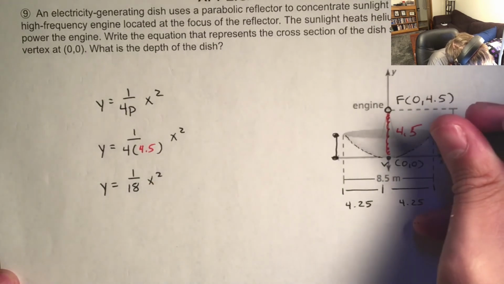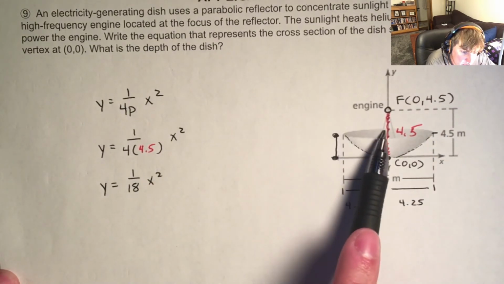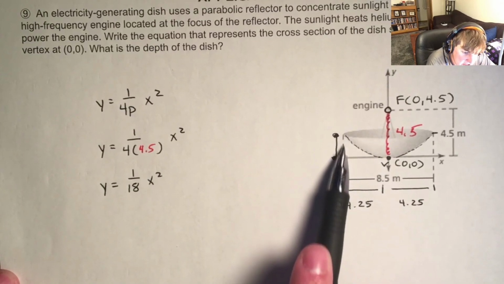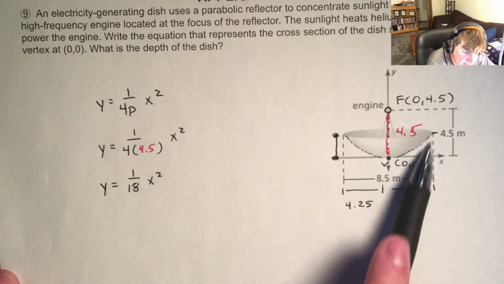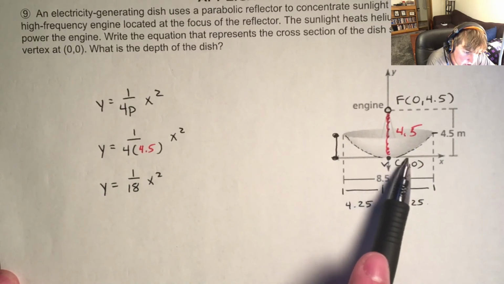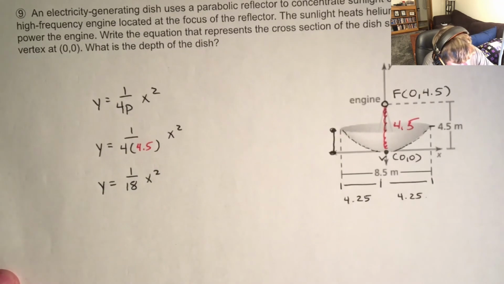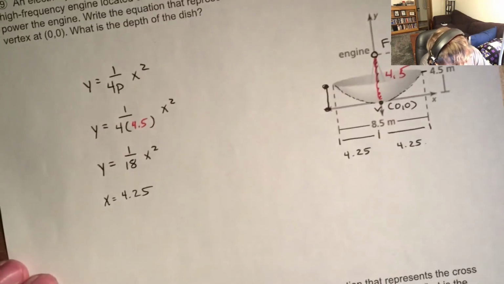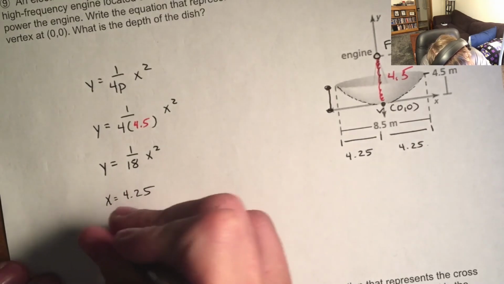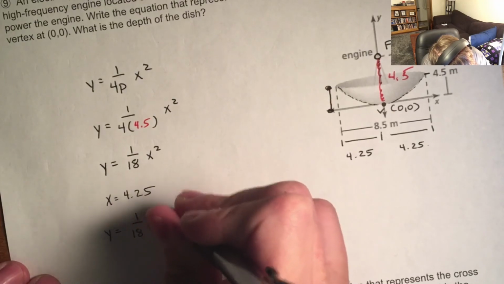So the y value here is going to be the depth of this dish if I plug in when x is 4.25. Because if I go out here, x is 1, x is 2, x is 3, x is 4.25, that's the edge, and then it will give me the y value that coordinates with it. So we plug in x is equal to 4.25: y is equal to 1/18 times 4.25 squared.